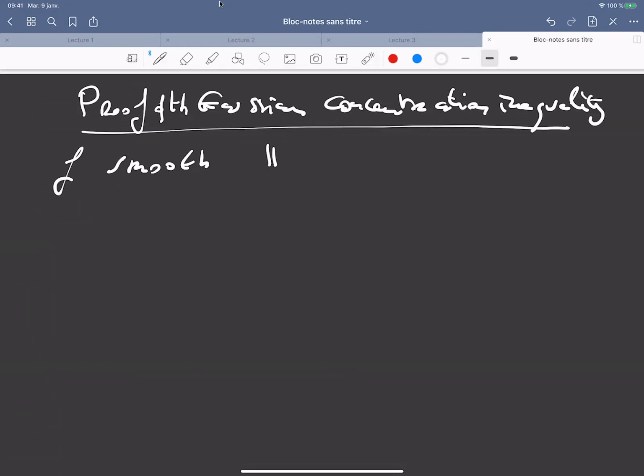Then, if it is smooth, the sup of the norm of the gradient is less than capital L. What I denote by this here is the sup over X. If I put H here, it's the sup over X of H of X, Euclidean norm, okay?